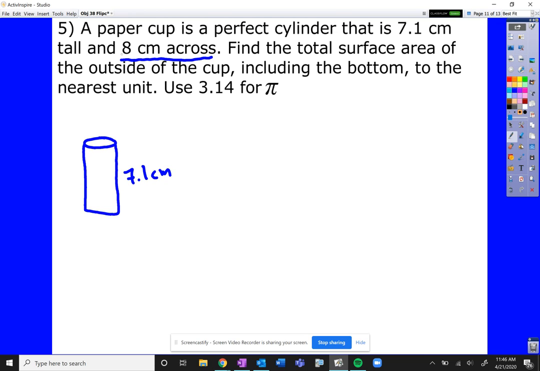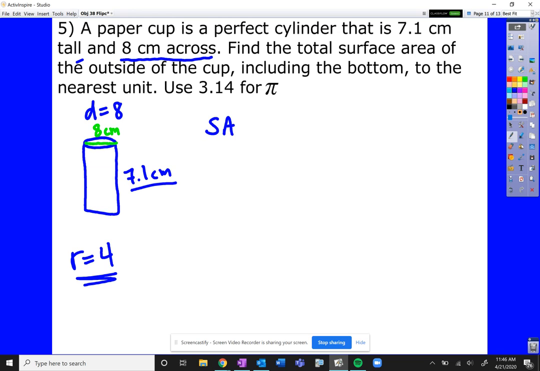It says it's 8 centimeters across, so 8 centimeters across the whole width, the mouth of the cup. That means the diameter is 8, which means we can only use radius for our formula. So our radius is 4, and our height is 7.1.